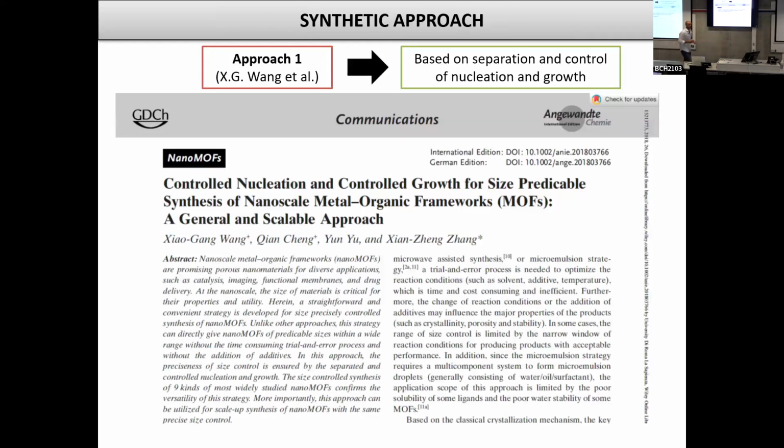So we searched the literature for a useful synthetic approach. We found some synthetic approaches. The first, from Wang and colleagues, tries to separate nucleation from crystal growth to avoid excessive growth of the crystal.